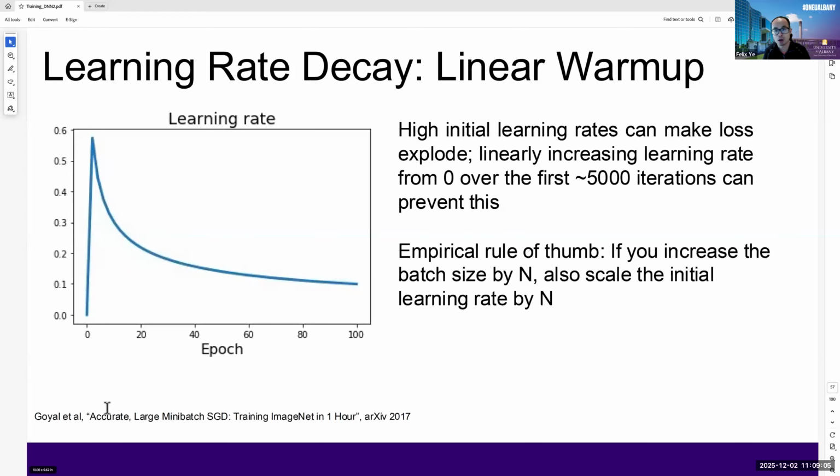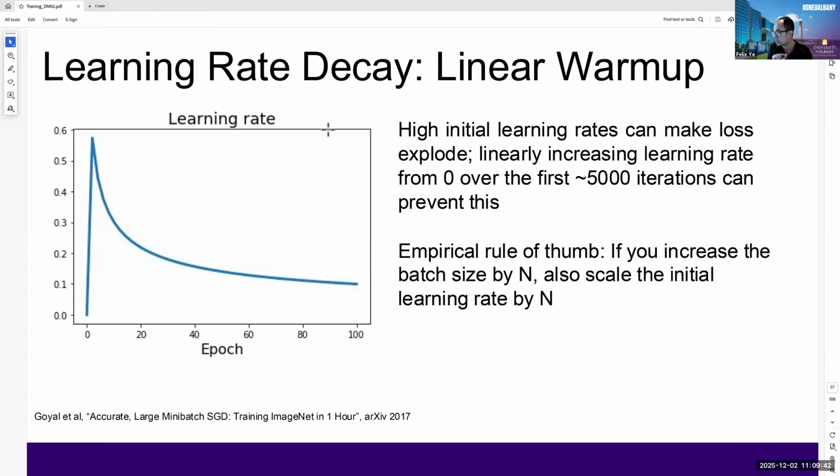Sometimes it's also important to warm up. If we have a very high initial learning rate, it can make the loss explode. One reason this happens is that if we take a very high learning rate and choose a random initial point, this random initial point is usually very far away from the local minimum.